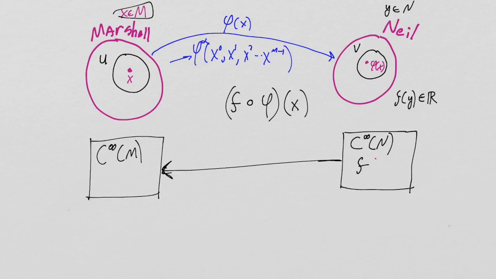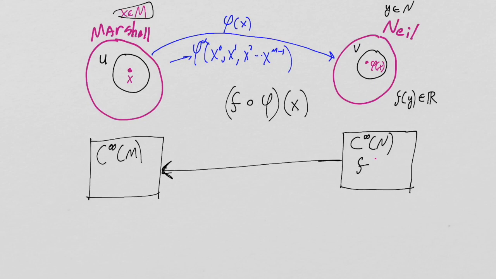Notice the direction: our function connects Marshall to Neal. It's not necessarily invertible. If it was, it could be a diffeomorphism, but we're just talking about functions from Marshall to Neal.